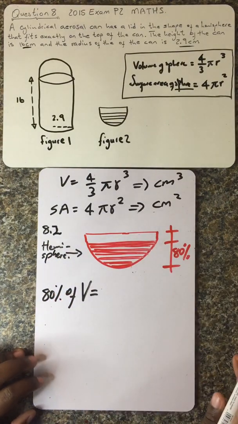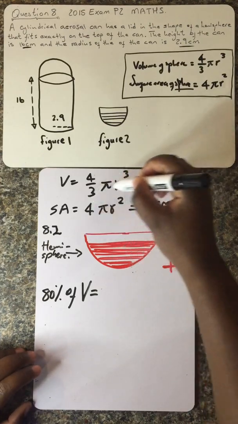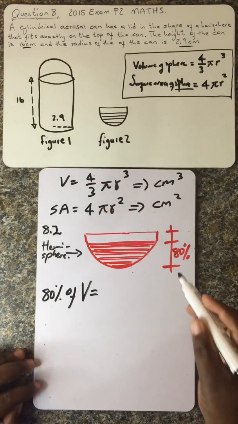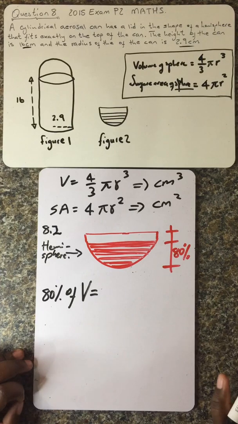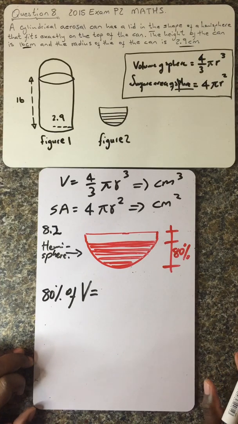What is a hemisphere, guys? It's half of a sphere. Remember, a sphere is a circle. I assume at this stage you fully understand that we have what we call a sphere, which is a circle.